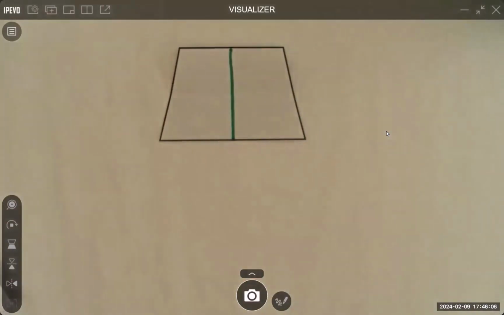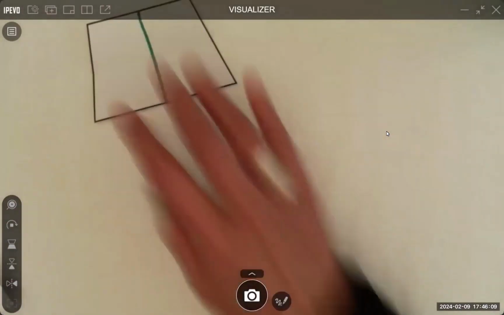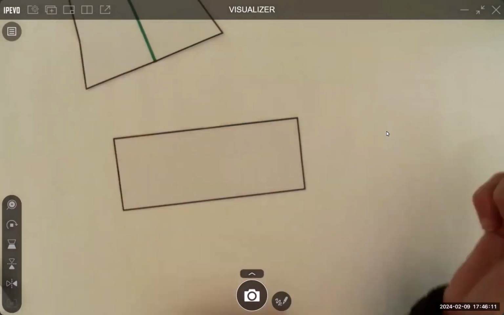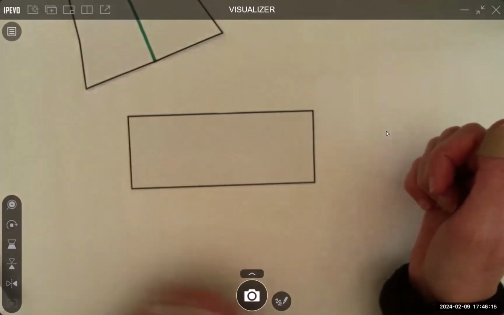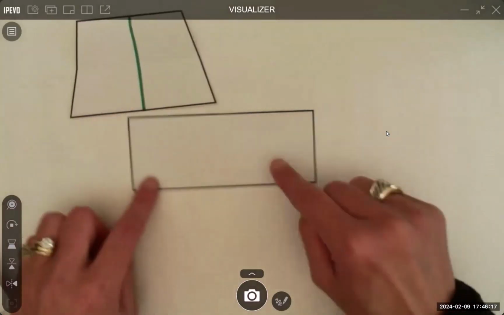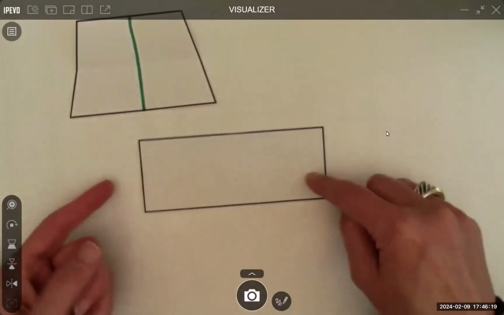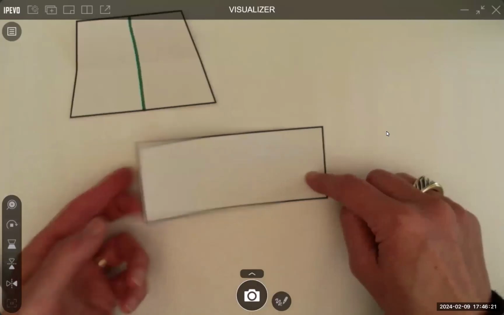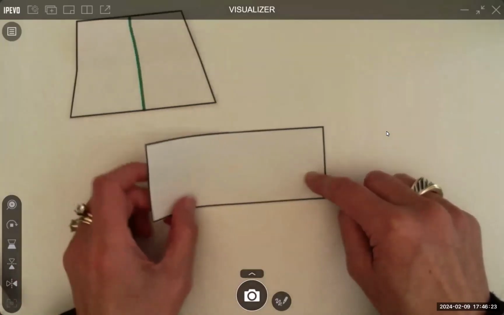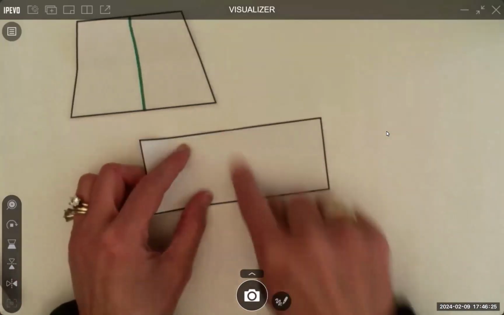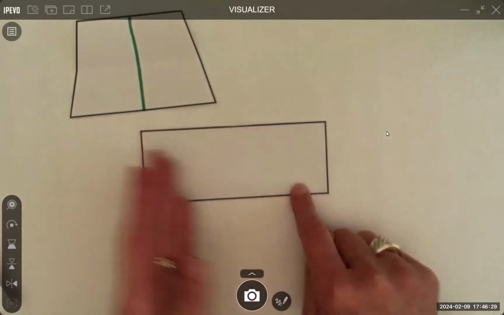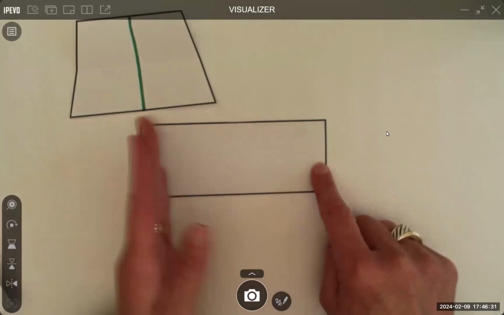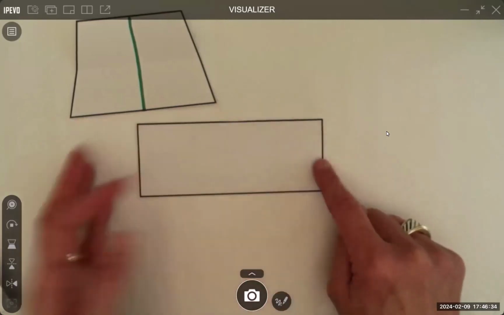Okay, let's take a look at the next shape we have. We have a rectangle. Let's consider what the lines of symmetry might be with this rectangle. I'm going to try to fold this rectangle so that there's a vertical fold this way, and see if when I fold it and line the sides up, this half matches exactly to this half.